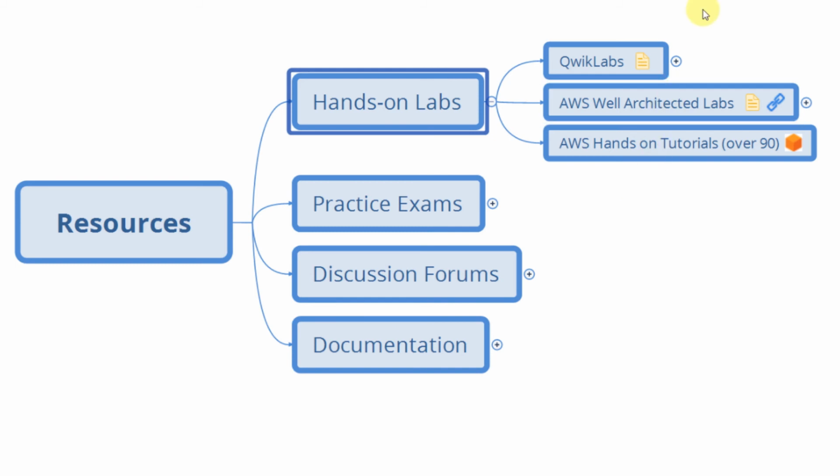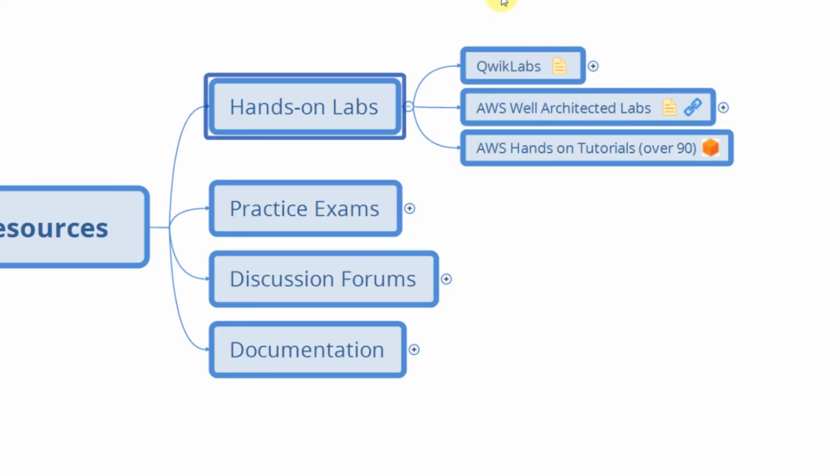Now, there's many places you can go to for hands-on labs. You can take professional courses offered by many organizations that include hands-on labs. But if you want to access some freely available resources, Quick Labs has a number of free hands-on labs you can run.